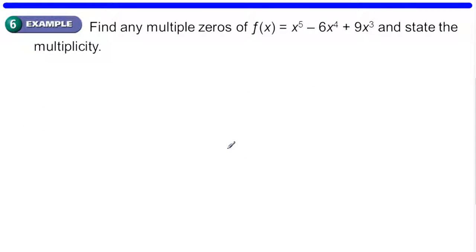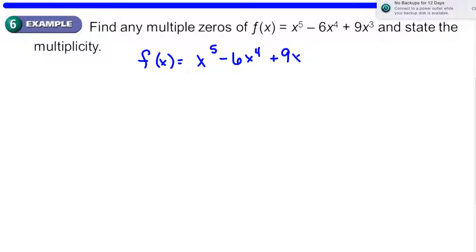All right, so let's take a look at this one for your notes. And this will be the final example that we have. So f of x equals x to the fifth minus 6x to the fourth plus 9x cubed. Okay, so this has x cubed, x to the fourth, x to the fifth.